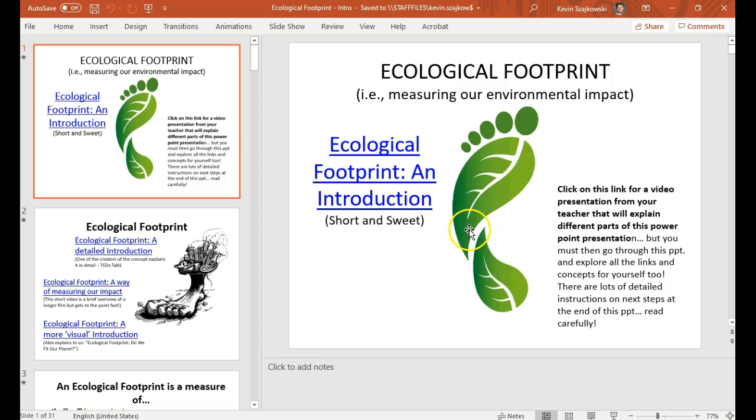Okay, so we're starting with what is an ecological footprint, and the essence of it, I will say in sort of Mr. Schakowsky's words, is it's a method, a way of measuring our environmental impact. The concept was dreamed up by a couple of professors at the University of British Columbia, probably about 3 decades ago now almost.